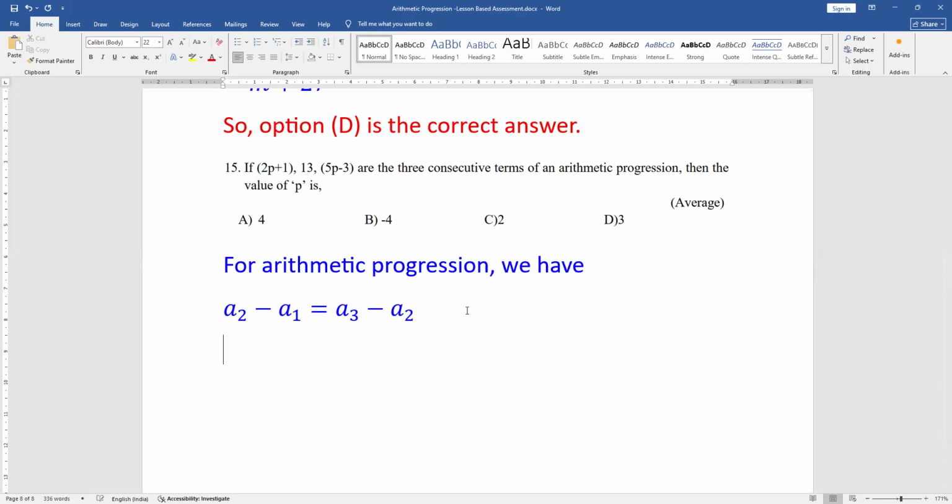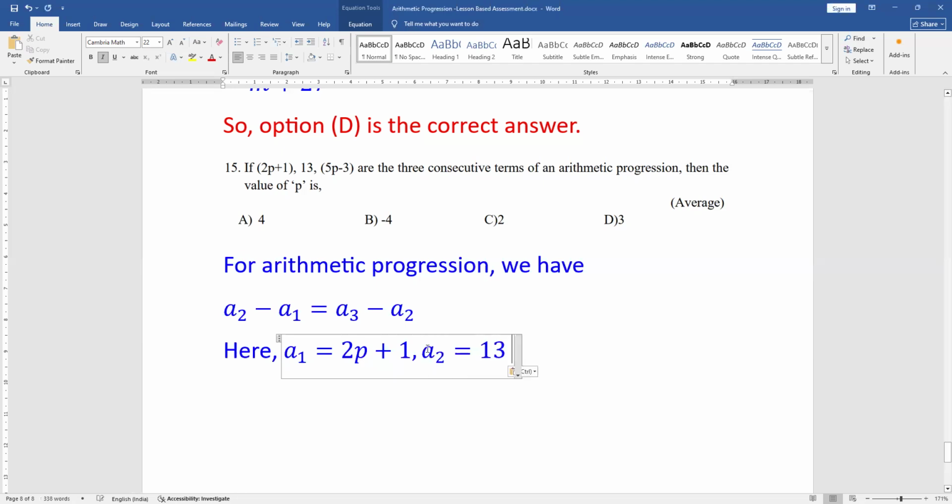Now here, a1 is 2p plus 1, a2, the second term, is 13, and the third term is 5p minus 3. Then I'm going to replace a2, a1, all these with the given values.